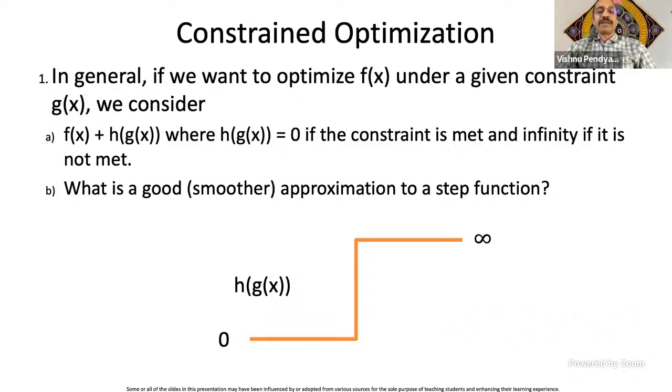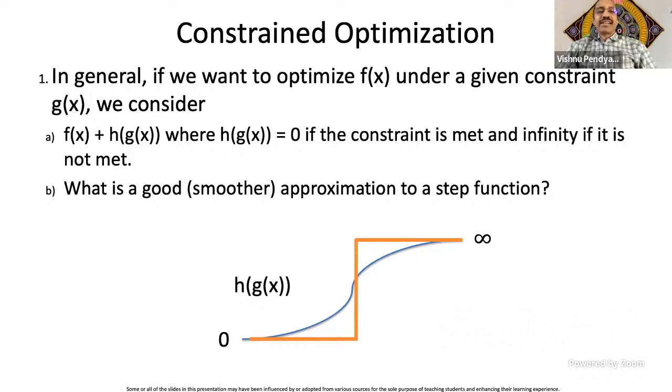What is a smoother interpretation of a step function? If you remember logistic regression or fuzzy logic, you would recollect that a sigmoid function approximates a step function, where the sigmoid function is in the shape of an S, right?